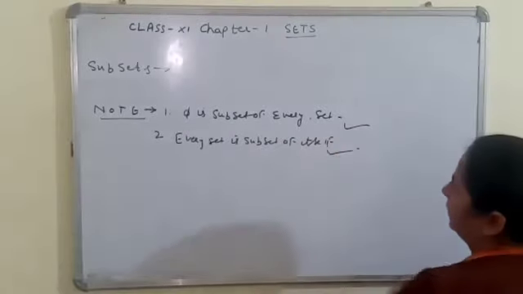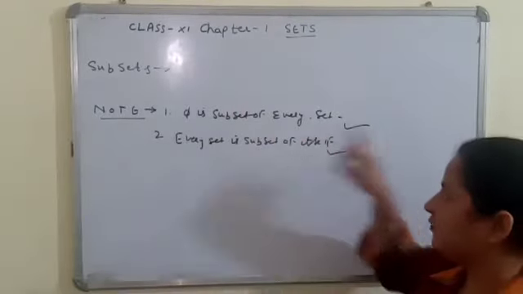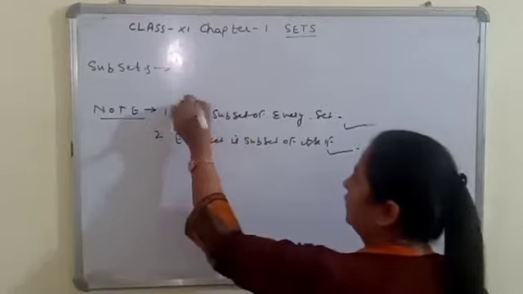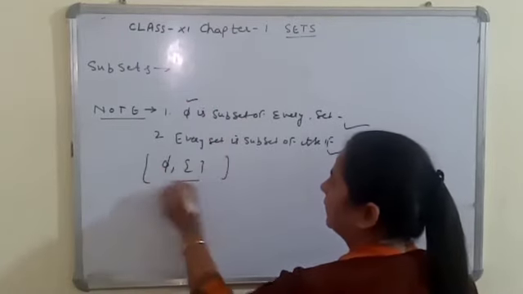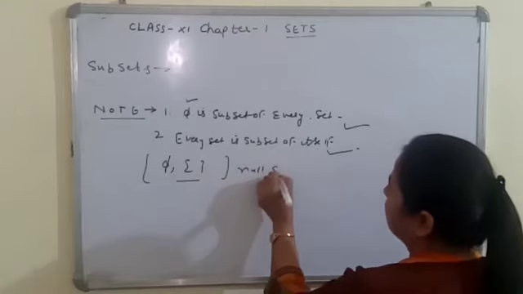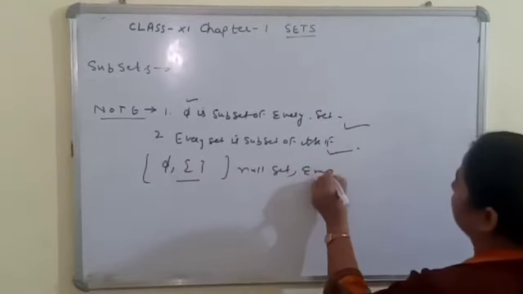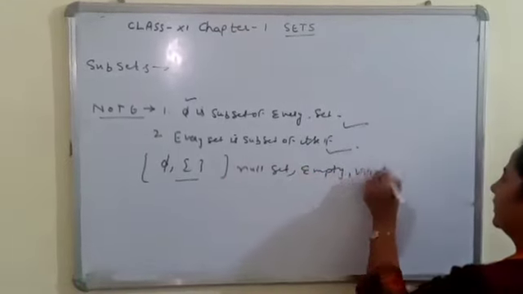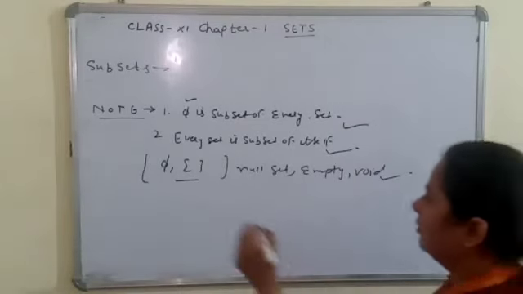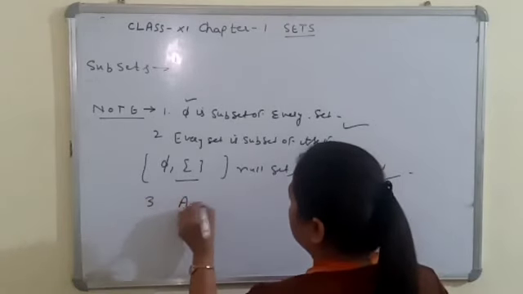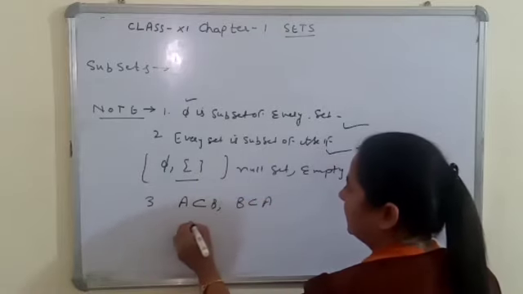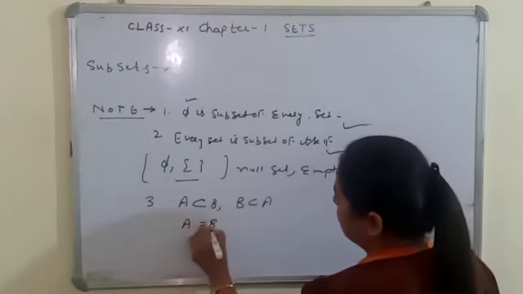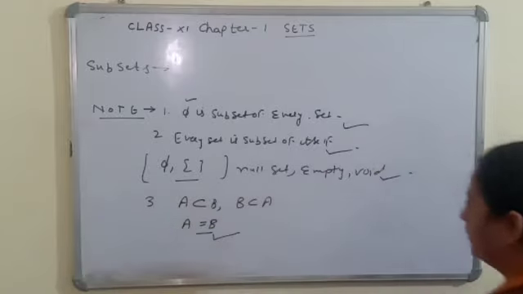So you have to remember it. Phi is the null set, empty set or void set. Third one is, if A is a subset of B and B is a subset of A, then we can say set A is equal to set B.